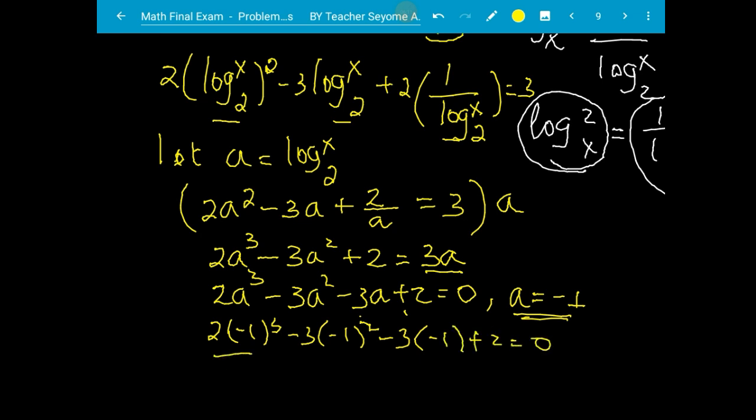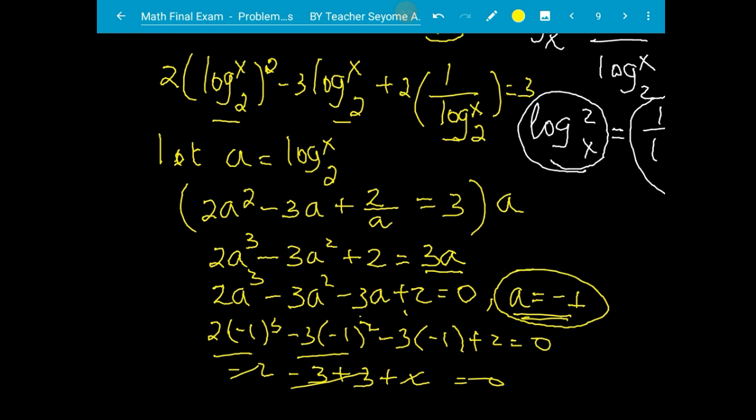That is minus 2 minus 3 plus 3 plus 2. These cancel out, and you get 0. So one root is the value of a, minus 1.